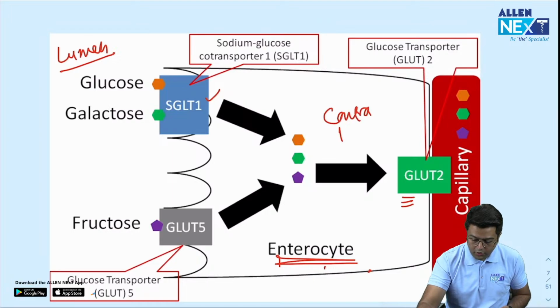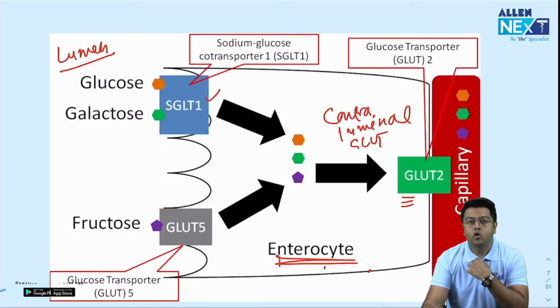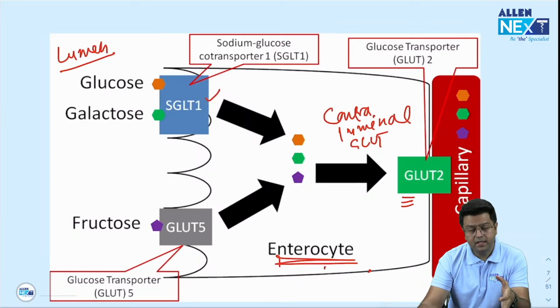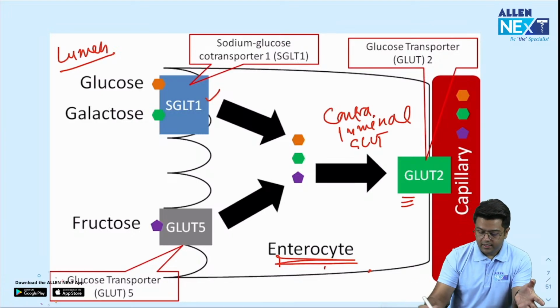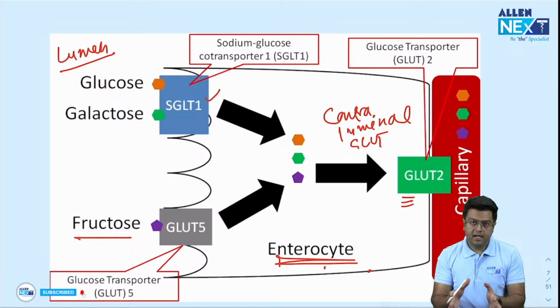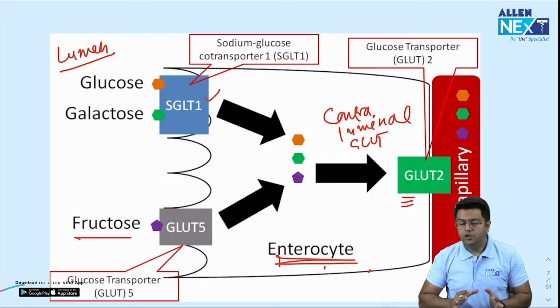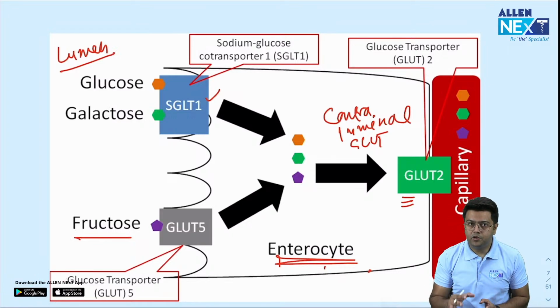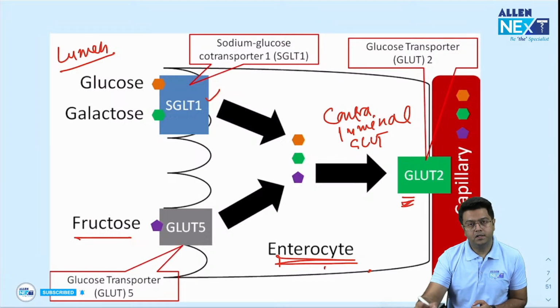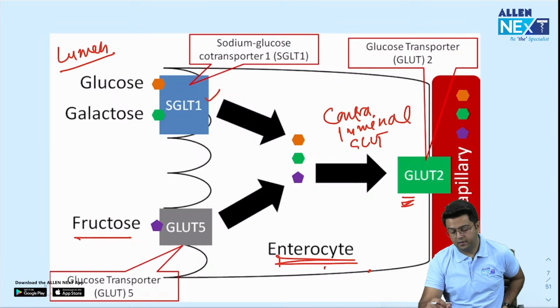I will call this contraluminal GLUT. What is the name of that? GLUT2, right? And fructose, GLUT5, is present on the luminal side. So guys, this can again be a question: all the sugars, whatever we consume, enter the blood from the intestine via GLUT2. Okay, ultimately it is the GLUT2 which is doing this process. Am I clear?